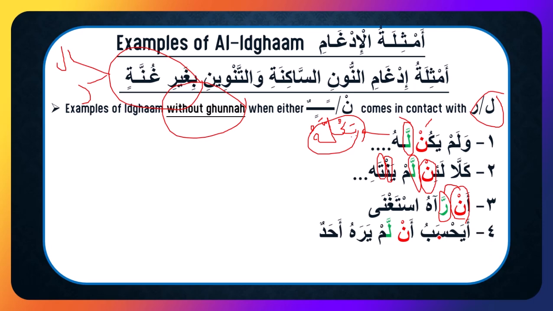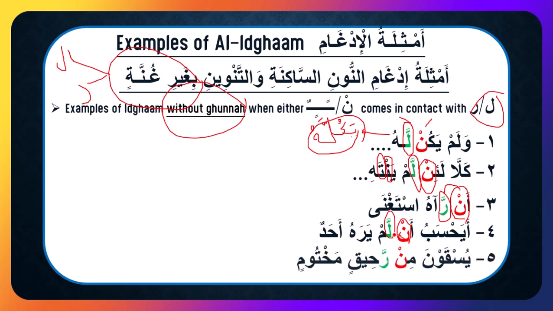Another example that we have here is ayahsabu allam yarahu ahad. Now if we look at this, the Nuun Saakinah also appears in a different word, and the lam appears after the Nuun Saakinah. Because lam is a letter of al-idgham bighayri gunnah, we insert the Nuun into the lam without pronouncing any gunnah.